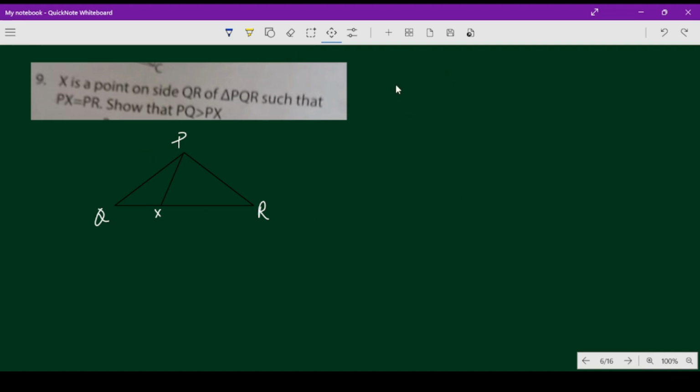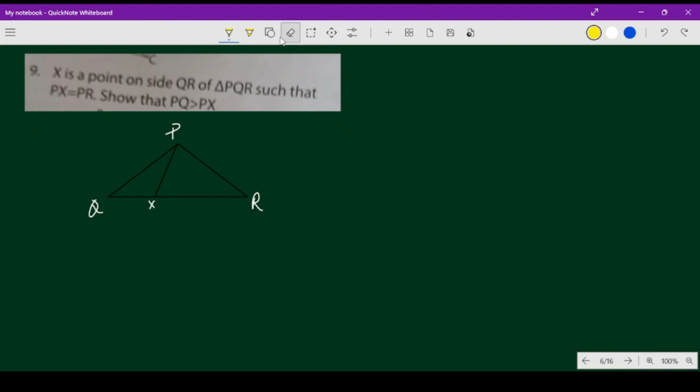Now here we have another question. X is a point on side QR of triangle PQR such that PX is equal to PR. So if we see in triangle PXR, the two sides are equal. It means the angles opposite to them will also be equal.